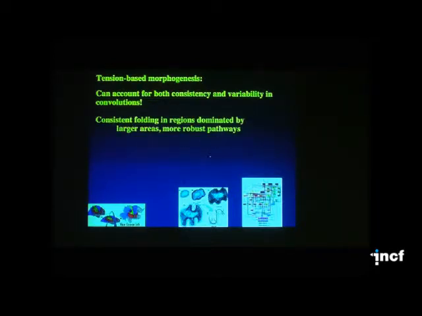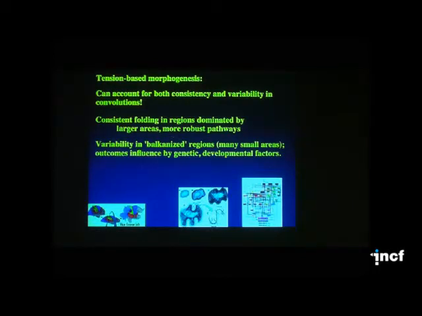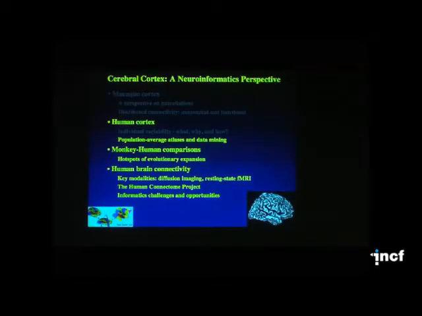That consistency occurs in regions dominated by large areas like V1 and V2, and variability may occur in balkanized regions where there are many small areas competing for the strength of their connections to drive certain folding patterns. And lastly, abnormal connectivity or differences in connectivity may lead by this hypothesis to differences in cortical folding.